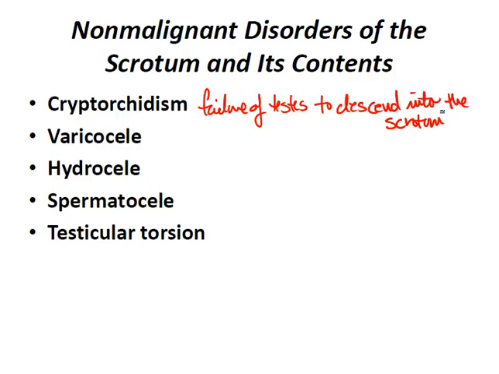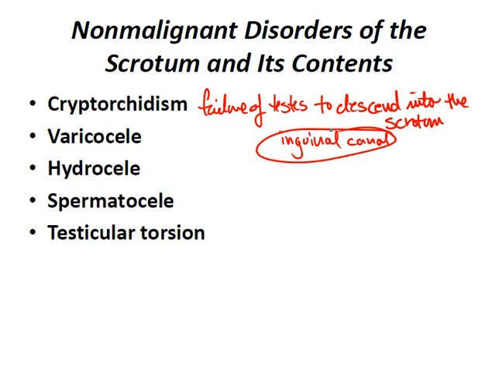Now, undescended testes are most commonly, about 80% actually, found where? The inguinal canal, but they can also be intra-abdominal. You need to know that. That's where you're going to find them.